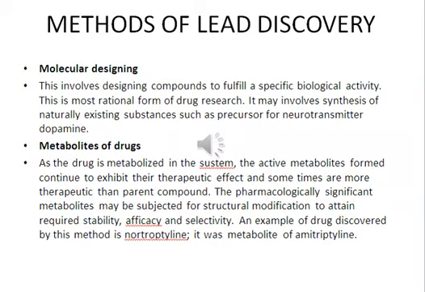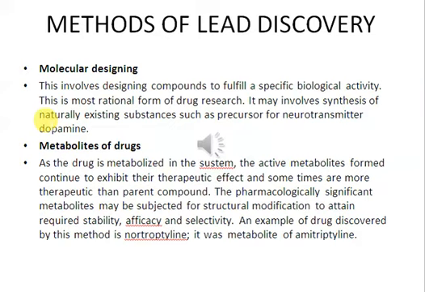Then we have molecular designing. This method involves designing compounds to fulfill a specific biological activity, right? That's a rational form of drug design, and that may involve synthesis of naturally existing substances as precursors for neurotransmitters.